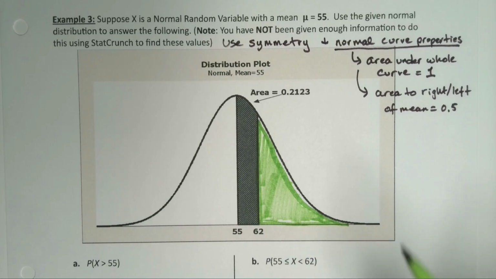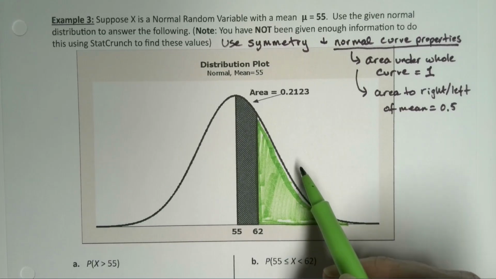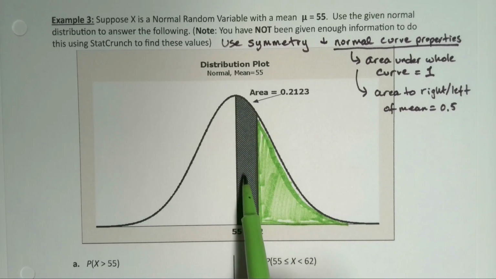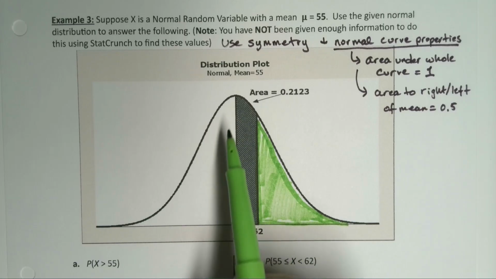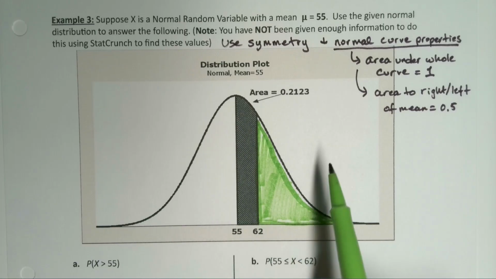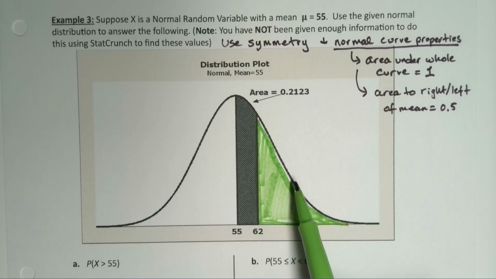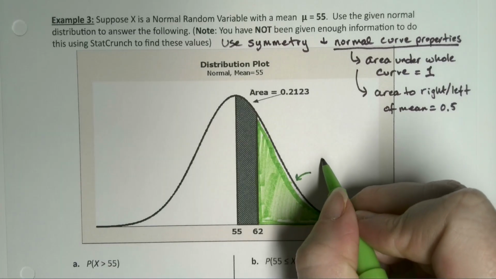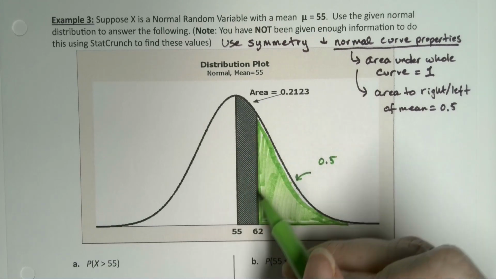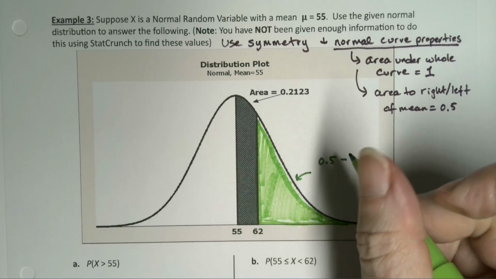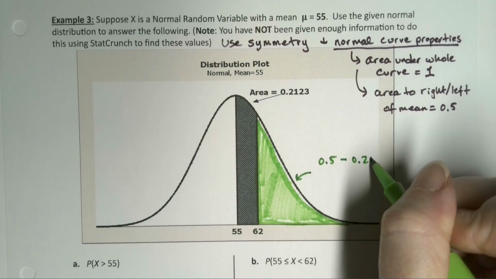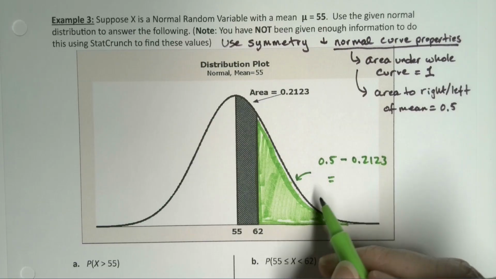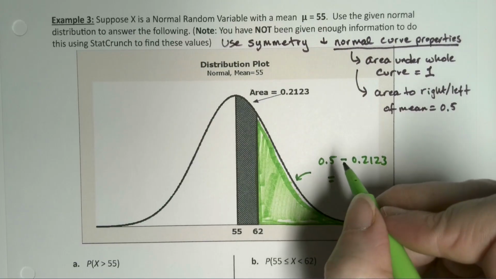So I can use that to find this area right here, because this is the central line. I know these two sections, this dark gray one they gave me, and this one must add up to 0.5. So if I take this piece and I take 0.5, which is what both of them must add up to, and I take away the 0.2123 that I was given, I'll know this green tail over here.